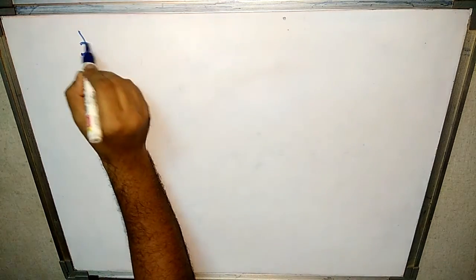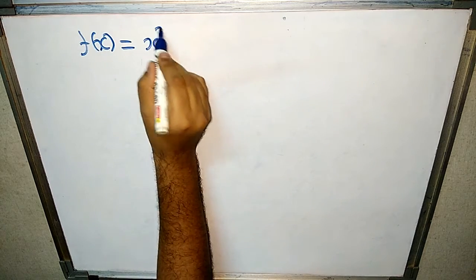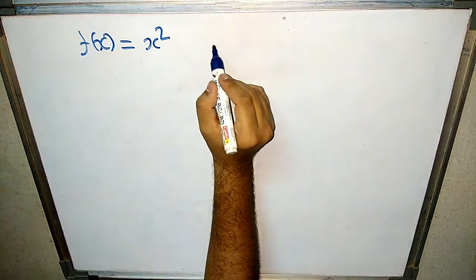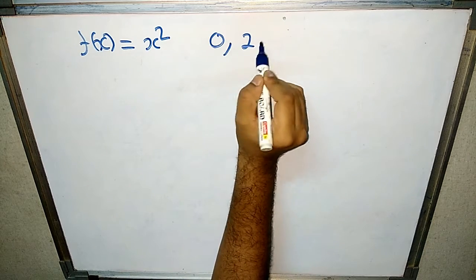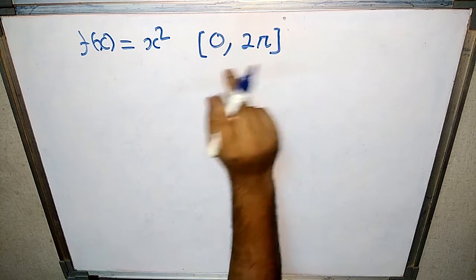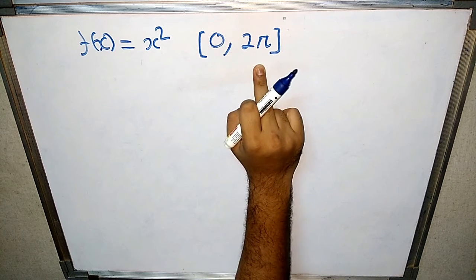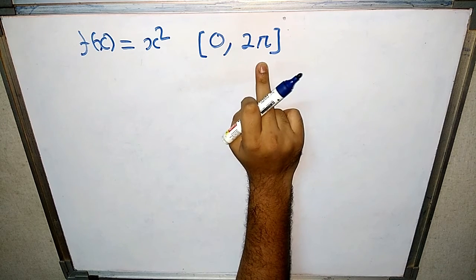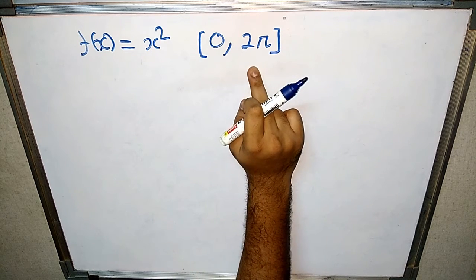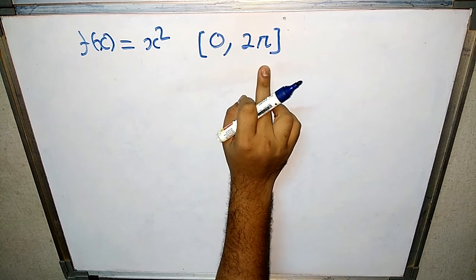Let's start with the first example where f of x is given as x square and the interval is given as 0 to 2 pi. The first thing we have to see is what the interval looks like. Does it look like pi or like an L? In this, the interval looks like a pi, and the interval is given as 0 to 2 pi.